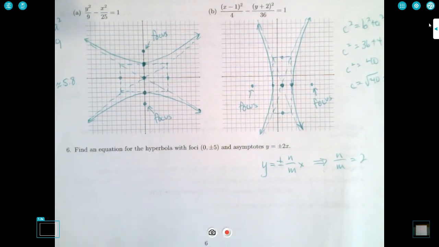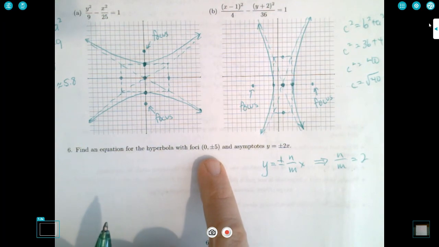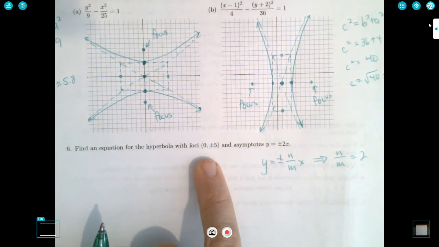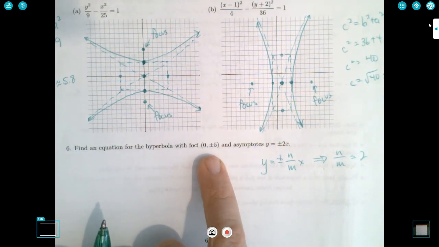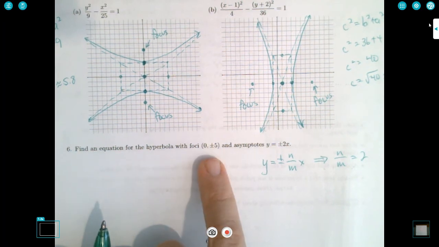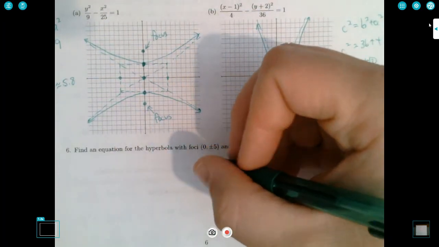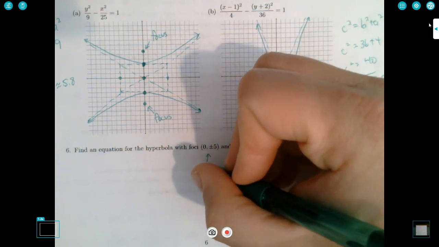What other pieces of information do I know? I know that the focus, or the foci, are plus or minus 5. So c equals 5, right? So I know that c equals 5.